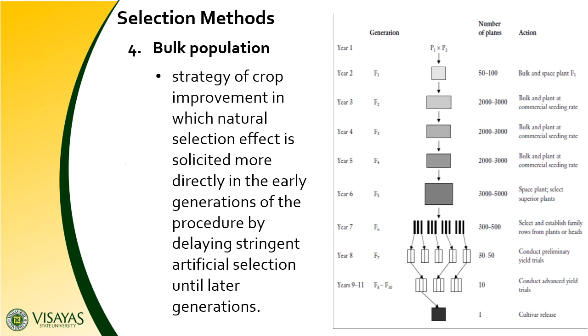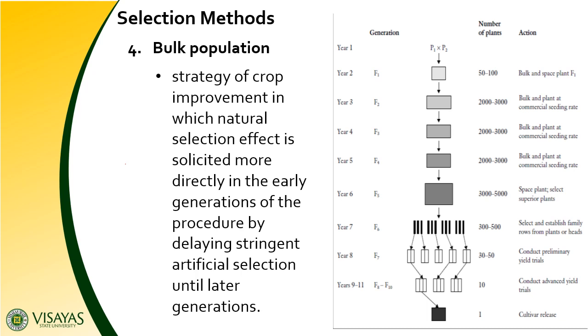You let natural selection select which plants are suitable. Okay. And then stringent artificial selection will be done in the later years.